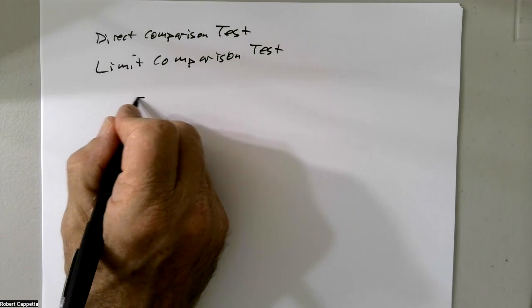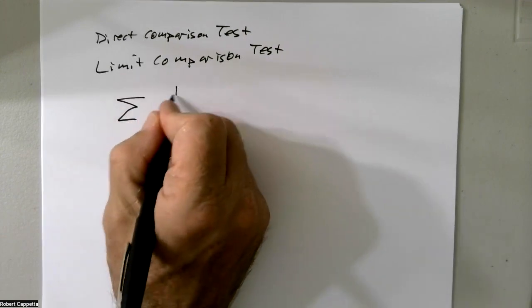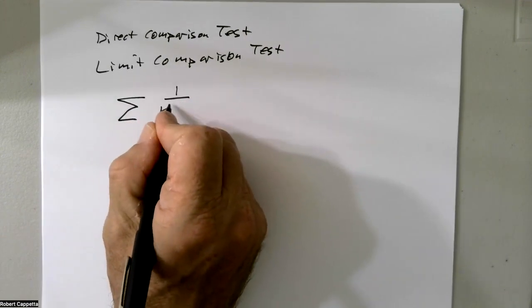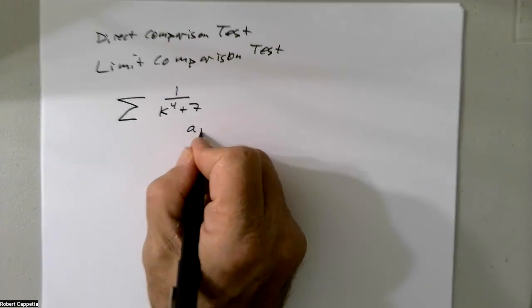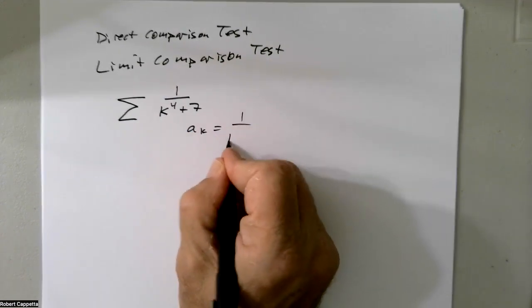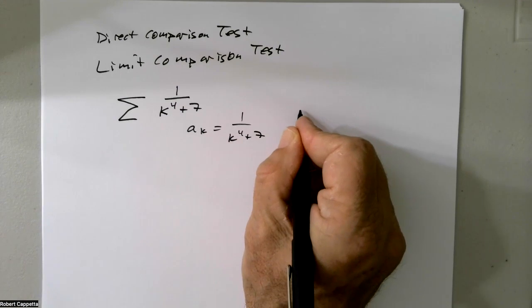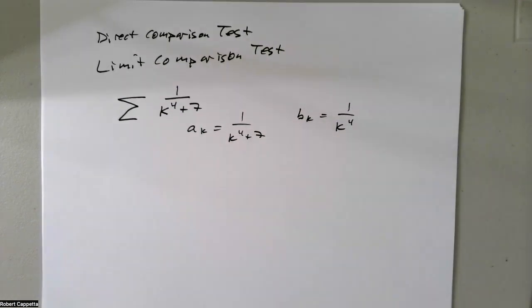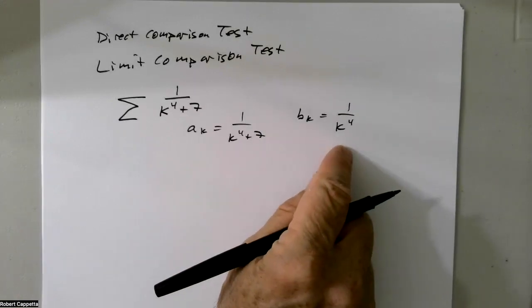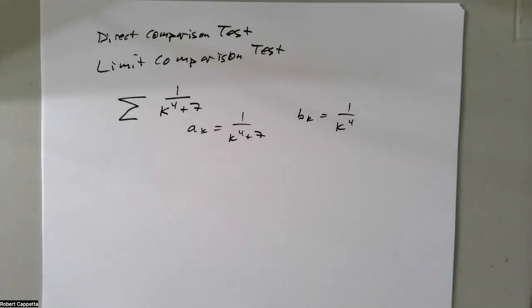So for example, you could take a look at something like the sum of 1 over k to the 4th plus 7. You would compare this to what? This thing, a sub k, which is 1 over k to the 4th plus 7, is similar to b sub k, which is 1 over k to the 4th, which will define a p-series. This is smaller than that, and that's the sort of thing that you would use.